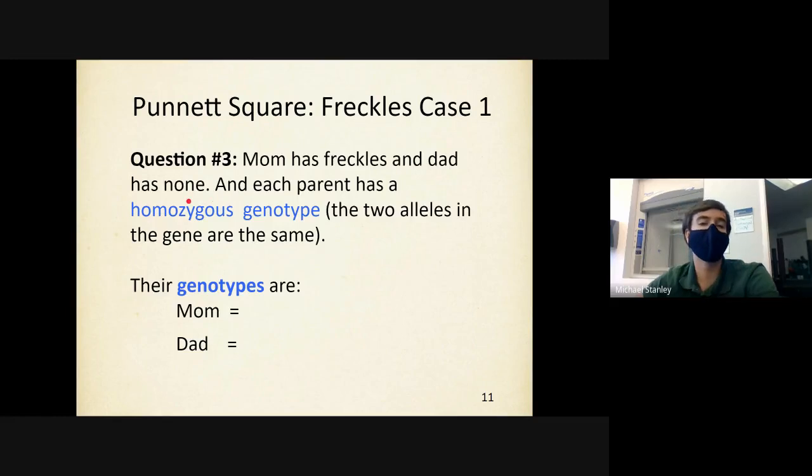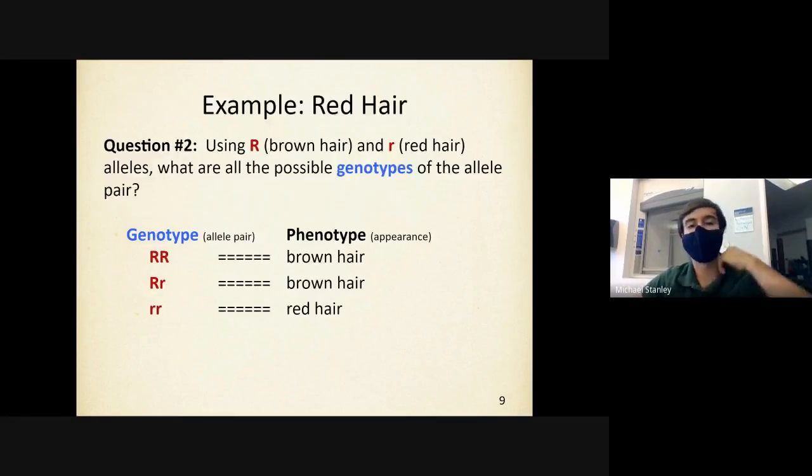That means that both of the alleles are the same. Like in our red hair example from back here, big R, big R and little r, little r are our homozygous genotypes because we have 2 of the same allele, 2 dominant alleles or 2 recessive alleles.